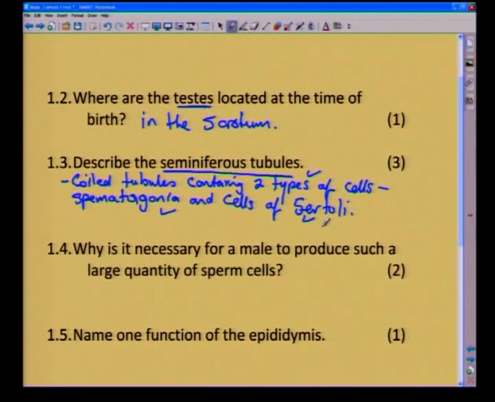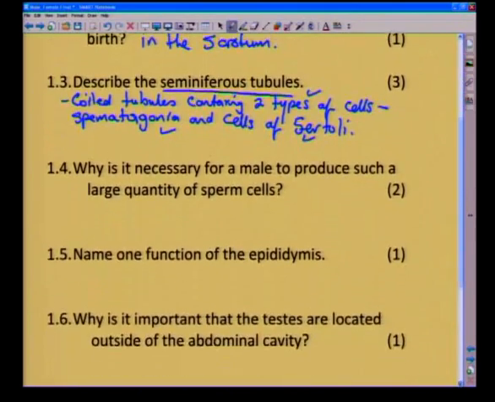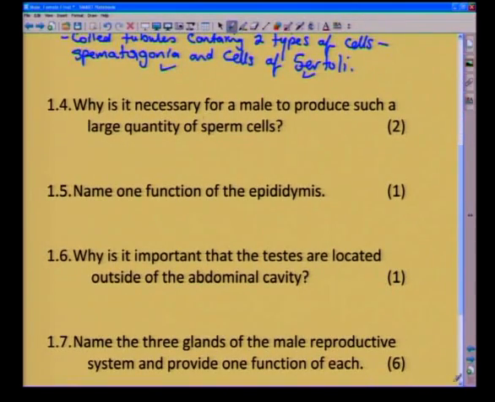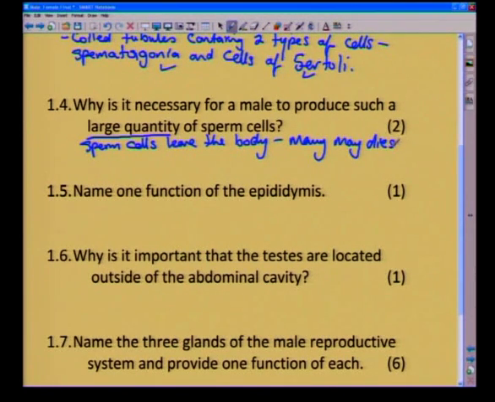Okay, why is it necessary for the male to produce such a large quantity of sperm cells? Well, guess what? The sperm cells leave the body, okay? And the fact that they leave the body, many may die.